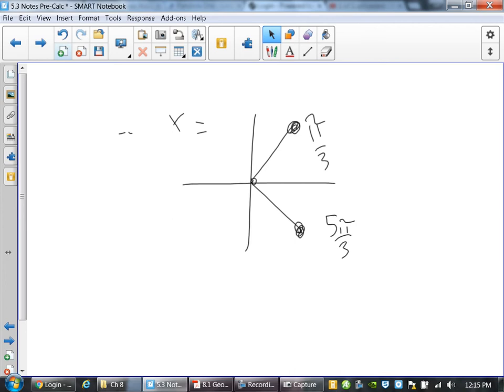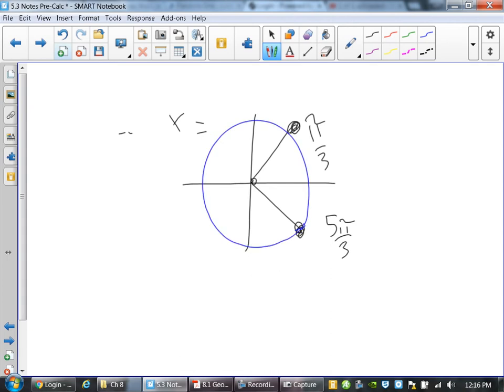Wait, why is it still 2 pi? Because in order for you to start at 5 pi over 3, how long does it take you to get back to 5 pi over 3? Oh, so it doesn't matter where the other one is? The distance from here to here is not the same as the distance from here to here. That's all it is.